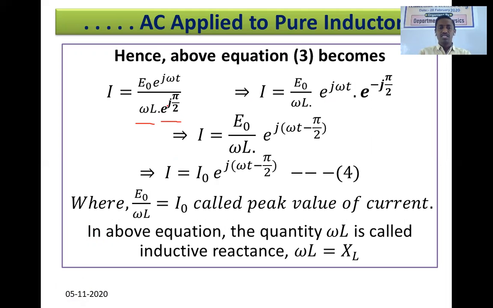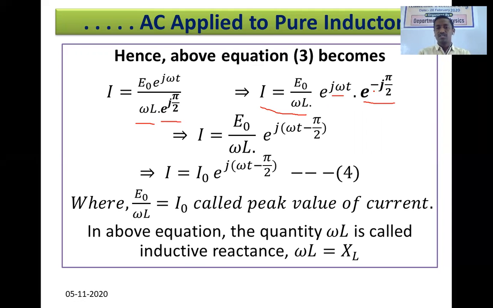Now send this e to the power j pi by 2 to the numerator side. The equation simplifies to the form I equals E0 upon omega L into e to the power j omega t into e to the power minus j pi by 2, because we have taken this j pi by 2 from the denominator to the numerator.